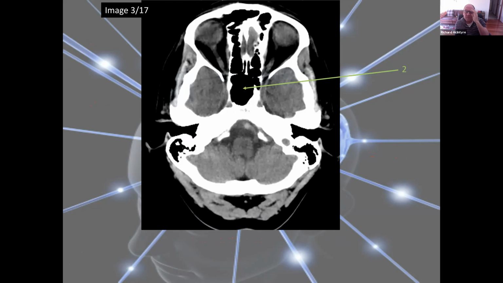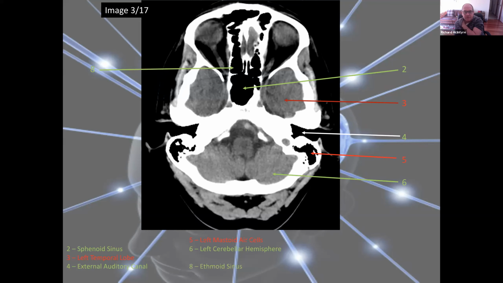We've got the sphenoid sinus again on that CT. I'm going to go through it a little bit faster because we're running out of time. I'm talking too much as usual. Temporal lobe. Yeah, ear canal, mastoid sinus, cerebellar hemisphere, ethmoid sinus.